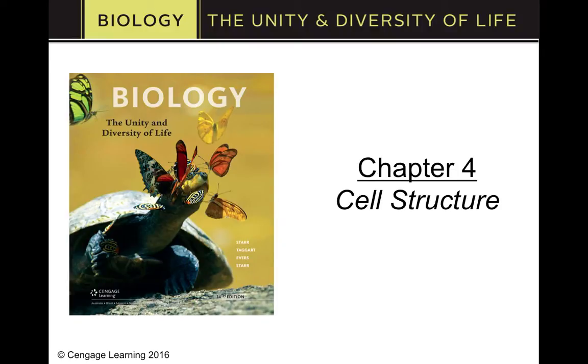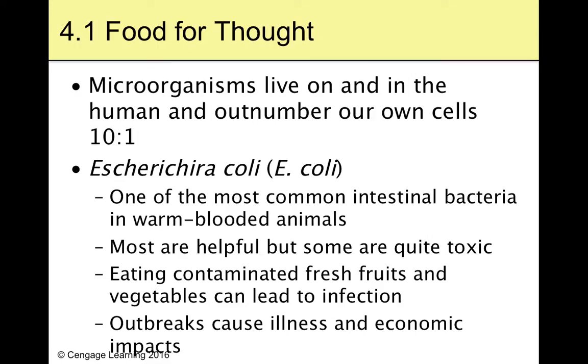So we're talking cells, and their first little introduction in your chapter is your food for thought. They talk about E. coli. And so microorganisms, so microbes, little tiny cells, live on and in the human body, and they outnumber our own cells 10 to 1, which is kind of a weird thing to think about.